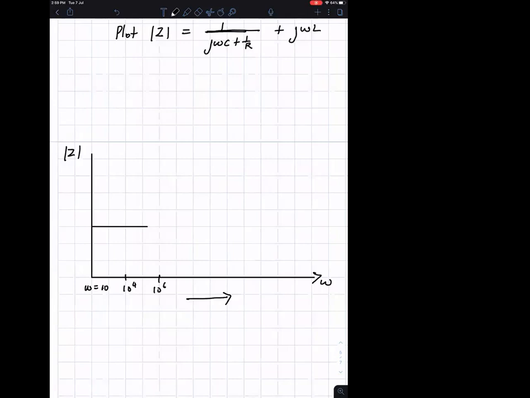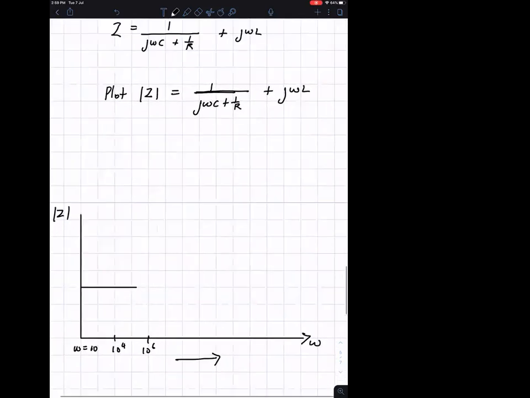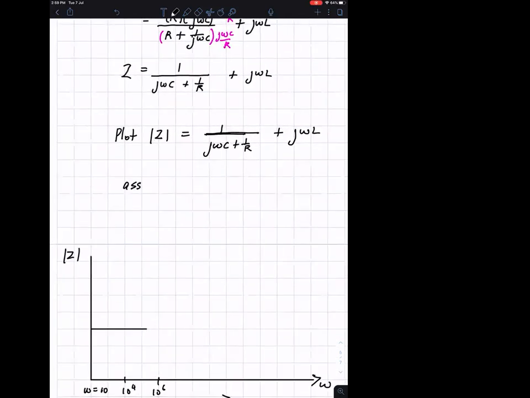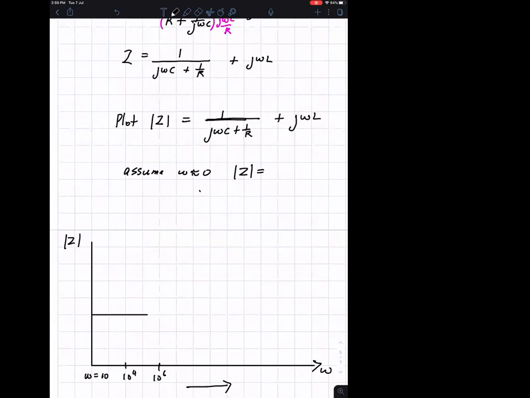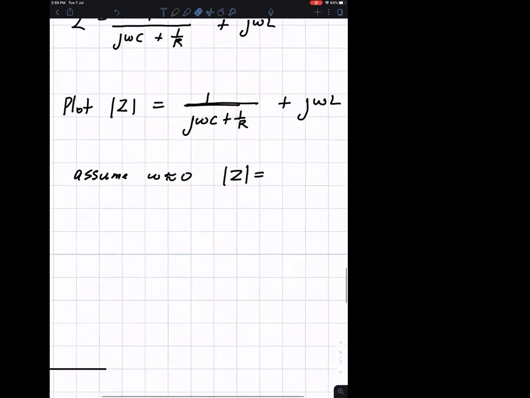For a lower range of frequency, you can assume omega is 0. When you assume omega is 0, what will happen to Z? Definitely at a lower range of frequency omega is not 0, but for analysis purposes, we just assume small frequency means 0.